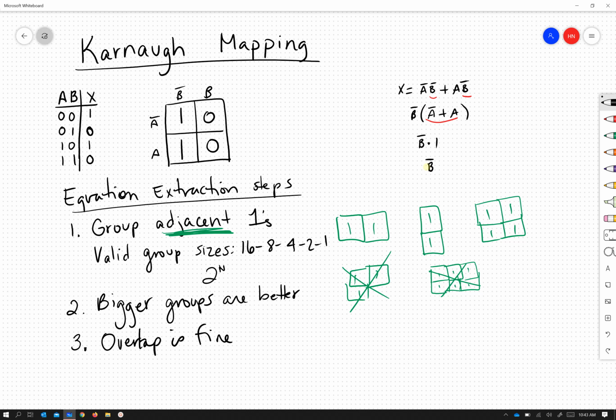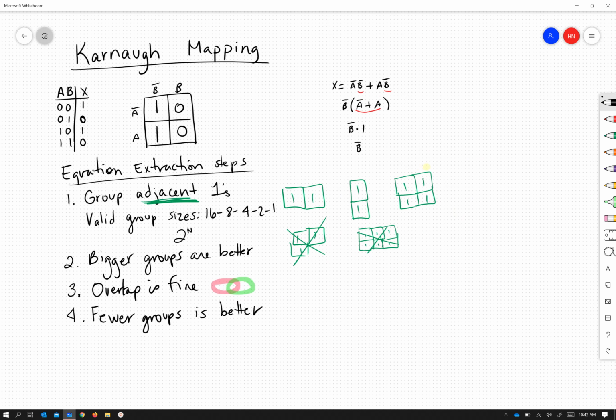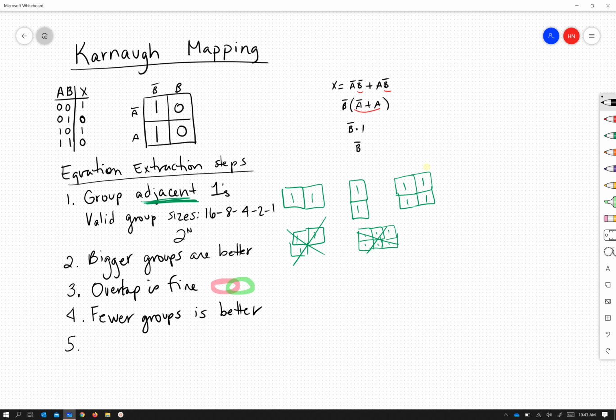It's kind of like a Venn diagram: sometimes you're doing a grouping and then you have another grouping that overlaps with it a little bit. That's fine, don't worry about that, as long as you don't have one group inside of another one. And lastly, fewer groups is better because that's going to give you a more simplified equation. Oh, I guess lastly I should tell you that opposites cancel.